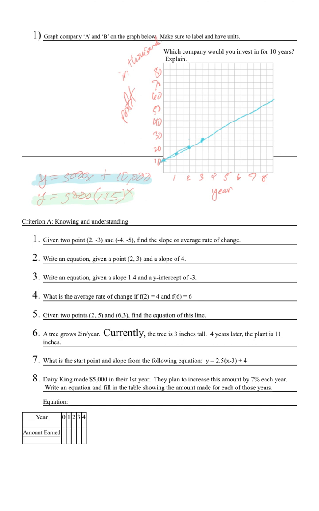All right, so for the graph for the exponential for this one, we're gonna plug in 0 for x. So 1.15 to the 0 power is 1. So 1 times that is 5,000. So at 0 is 5,000. So 5,000 is about right here. Okay. And then at 1, plug 1 in here.